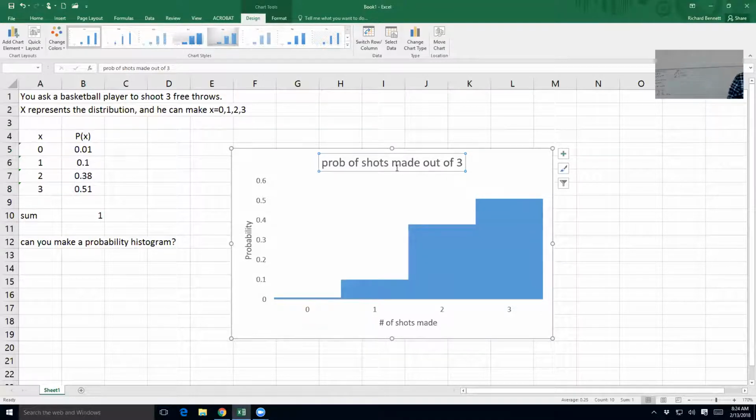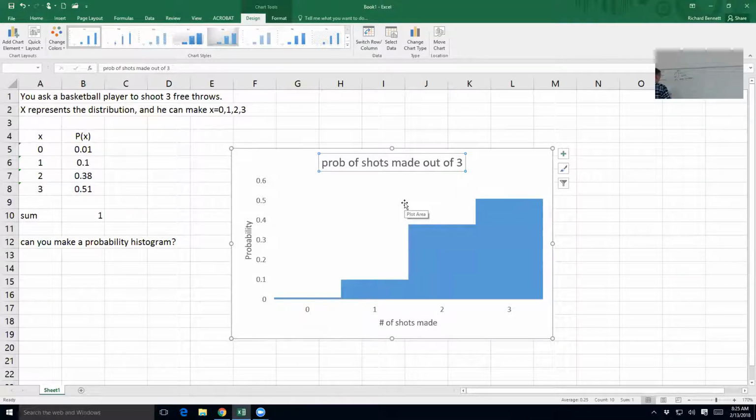Now, all right. Let's talk about how you would calculate the mean for a discrete random variable. Okay?